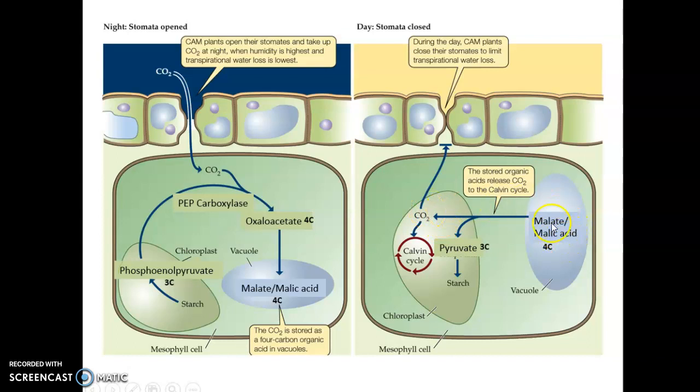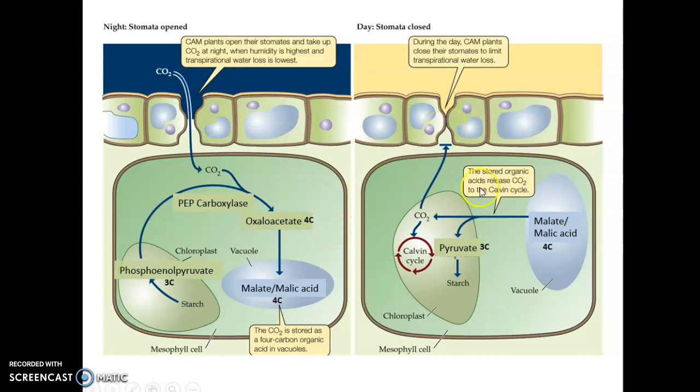The malate is converted to pyruvate, a 3-carbon molecule, which is then converted to starch and stored in the chloroplast until night, because at night the starch will be converted to phosphoenolpyruvate. The carbon dioxide released by malate enters the Calvin cycle. It cannot be released to the atmosphere since the stomata of the CAM plant are closed during this time.